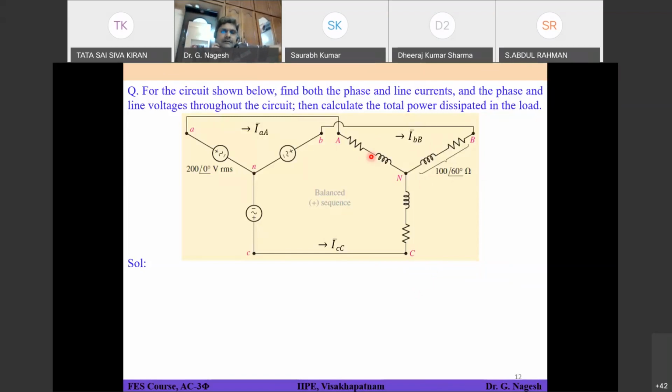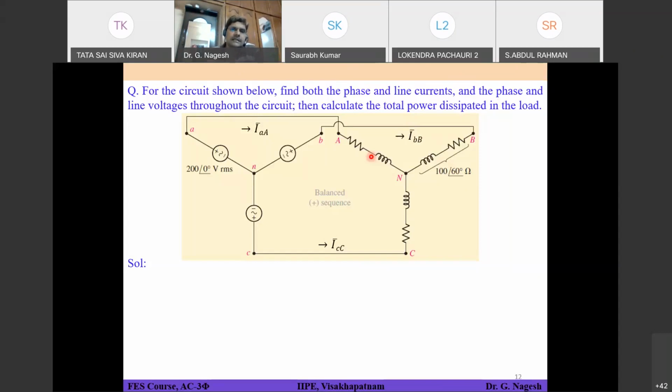Did anyone calculate current? 2 at an angle of minus 60. Okay, so that is the current for one phase A. That means IAA is equal to IAN.